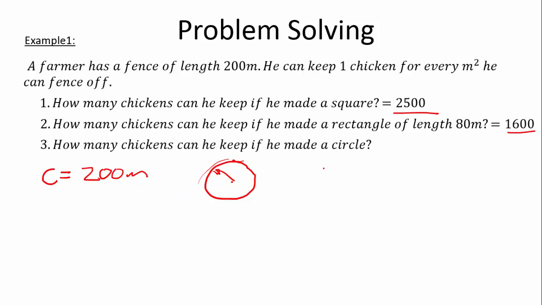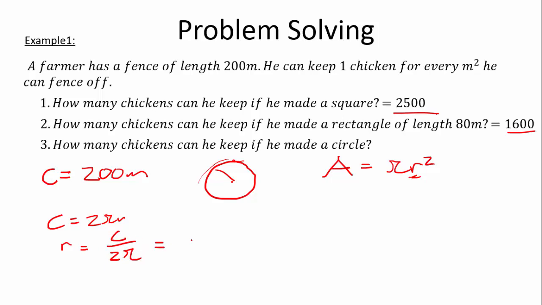So now we need to figure out the area of a circle. The area of a circle is equal to pi r squared. But we don't know r, but we do know the circumference. Circumference is equal to 2 pi r. So that means that r is equal to circumference divided by 2 pi.